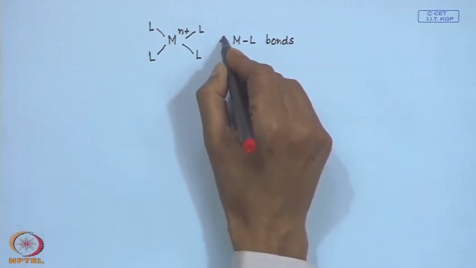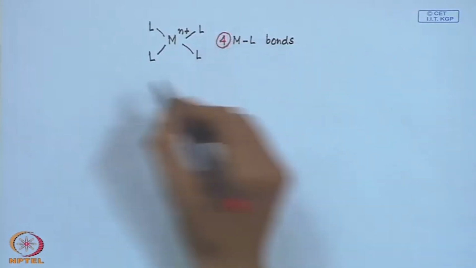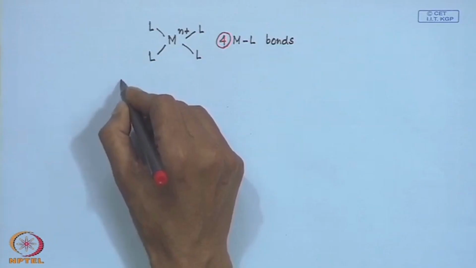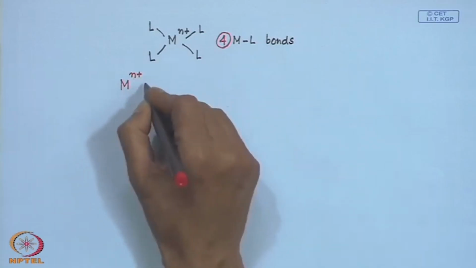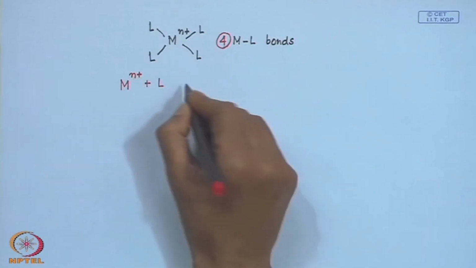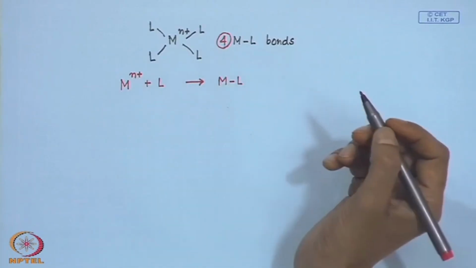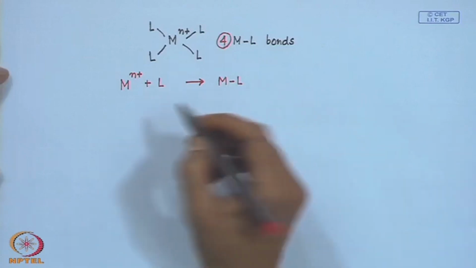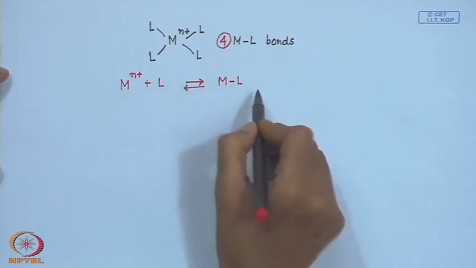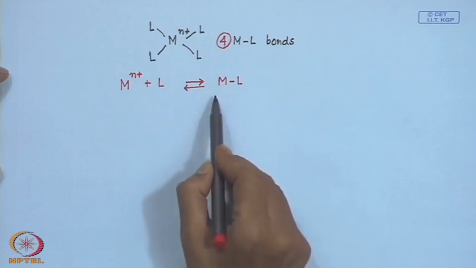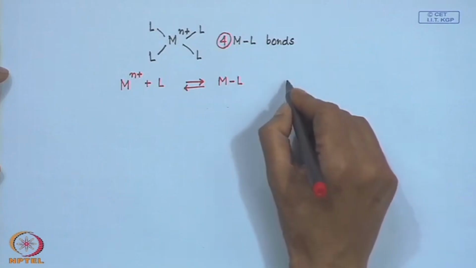So, this number is very important, that means the 4 metal ligand bonds are forming. If we think that Mn+ was there, which is forming the first metal ligand bond, and if this particular process is reversible in nature, that means formation of one coordinate bond, we are all the time considering it as a coordinate bond.